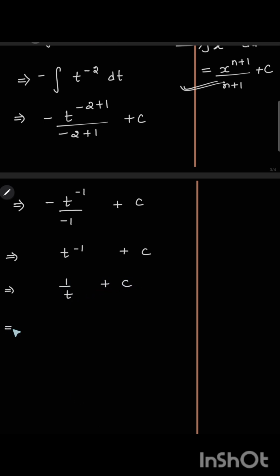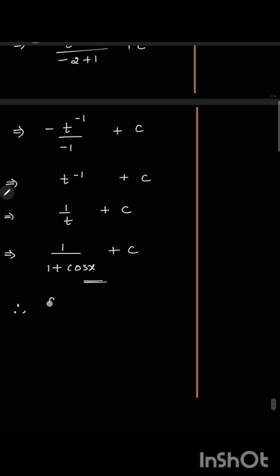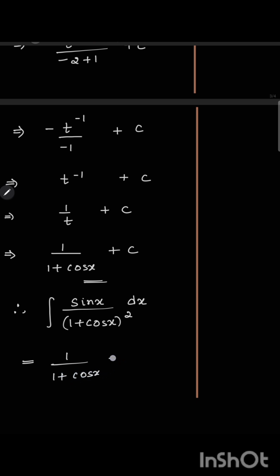So in the place of t we will write 1 plus cos x plus c. So this is the integral. Therefore, the integral of sin x divided by 1 plus cos x the whole square with respect to x is equal to 1 divided by 1 plus cos x plus c.